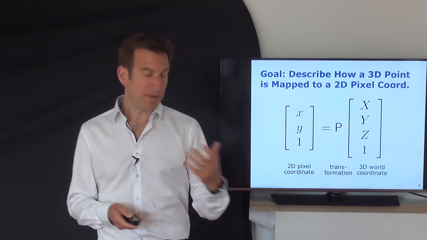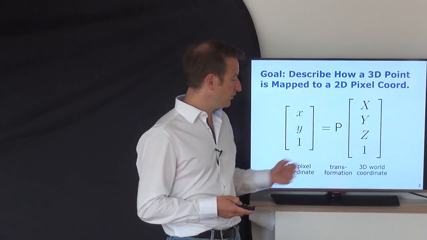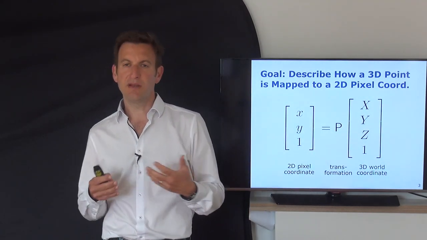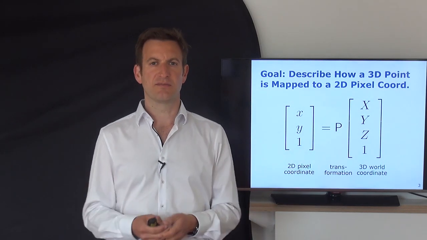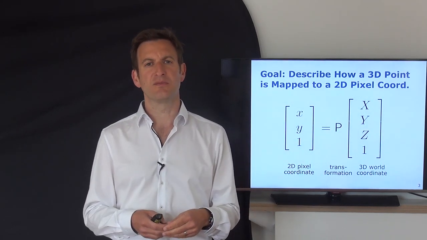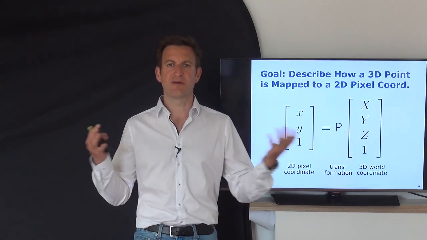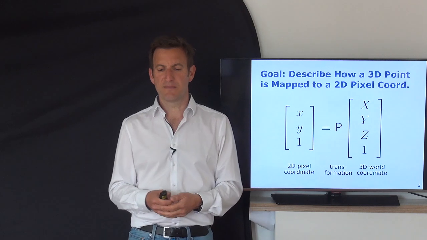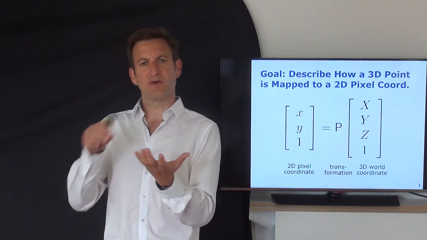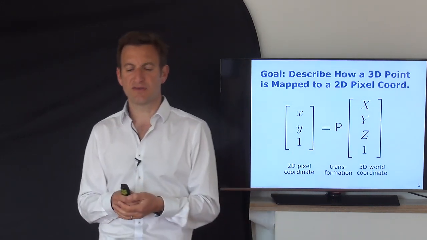The mapping from the 3D world to the 2D pixel coordinate is typically broken up into several transformations because there are several coordinate systems involved. We typically have a world or object coordinate frame, which is our externally given coordinate frame. We have a camera coordinate frame, so everything expressed with respect to the camera itself.